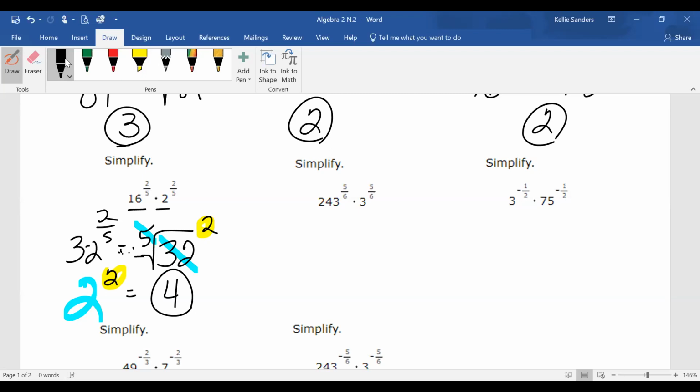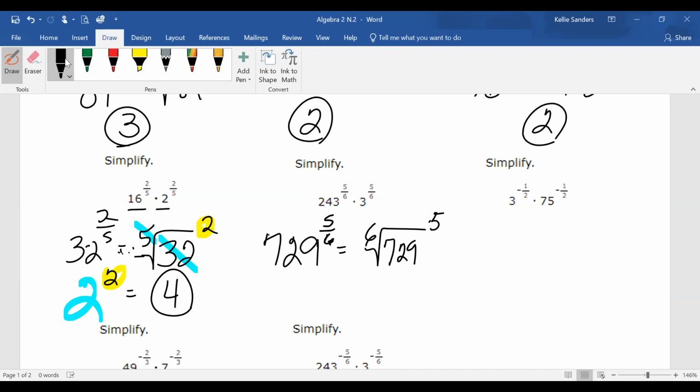243 times 3 is, when I grab my calculator and put it in correctly, 729. 5 over 6 is still there. That's a 6, which means the sixth root of 729. And then we're going to take it to the 5th power.